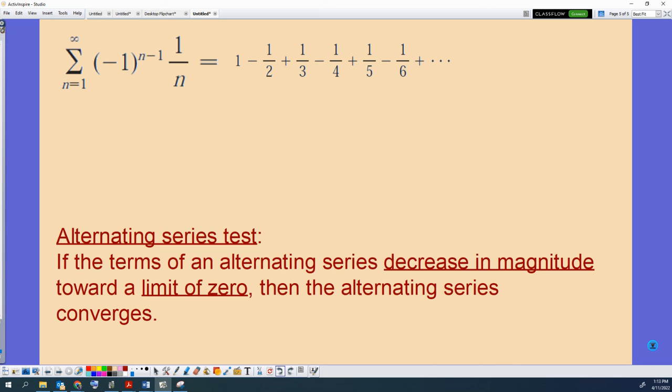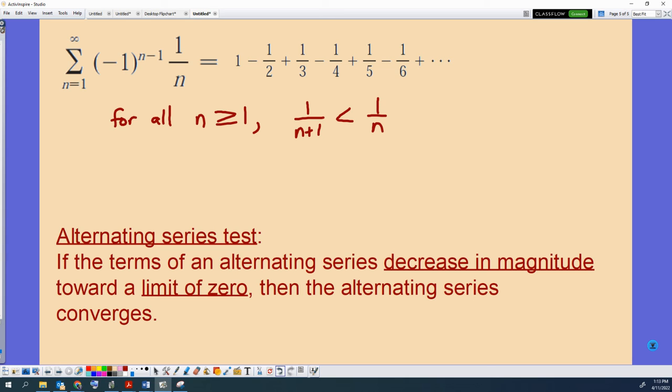If you want to prove it for all n greater than or equal to 1, what we want to show is that the n plus 1th term is less than the nth term. So we could just say 1 over n plus 1 is less than 1 over n.